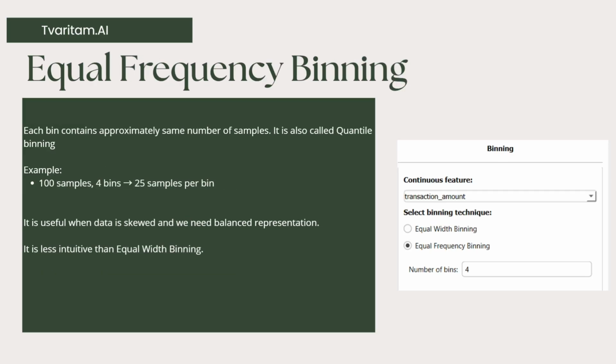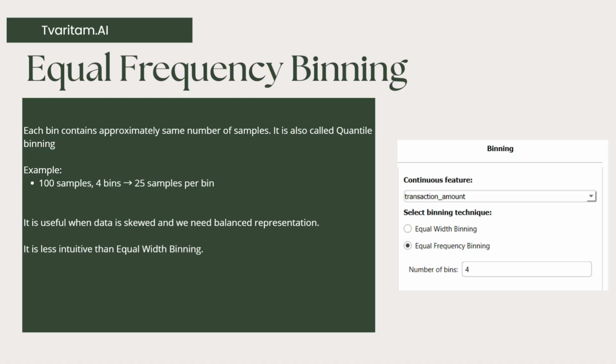The second alternative that we have when it comes to binning is equal frequency binning. Here each bin contains approximately the same number of samples, also called quantile binning. So what is quantile binning? We divide the data into different bins depending on the number of samples and not the range of values. So if we have 100 samples, it could be from 0 to 100, it could be from 27 to 300.